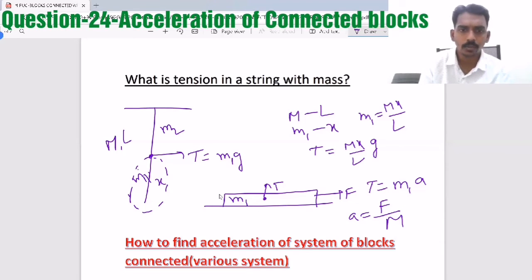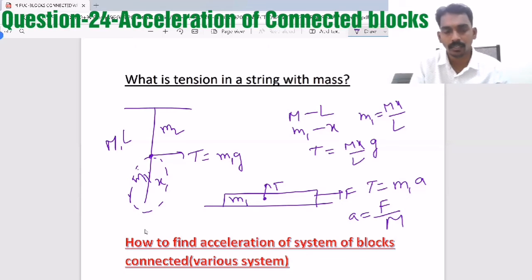Or here, if they attach some mass at the end, then the tension will become M1 g plus that weight also. Like that, tension is not the same everywhere. Tension is different at different points.